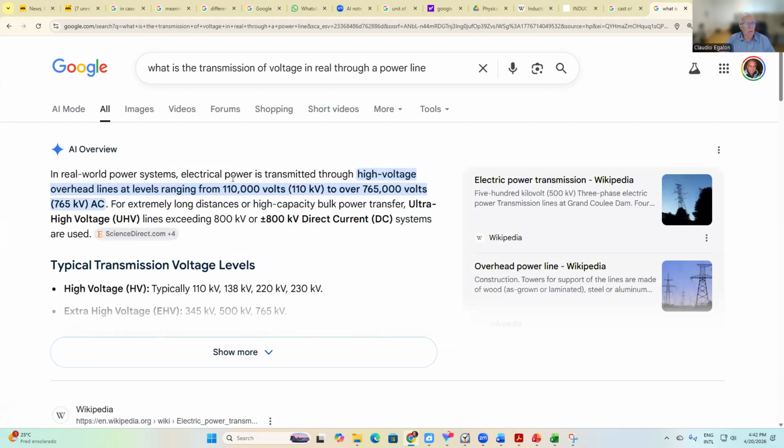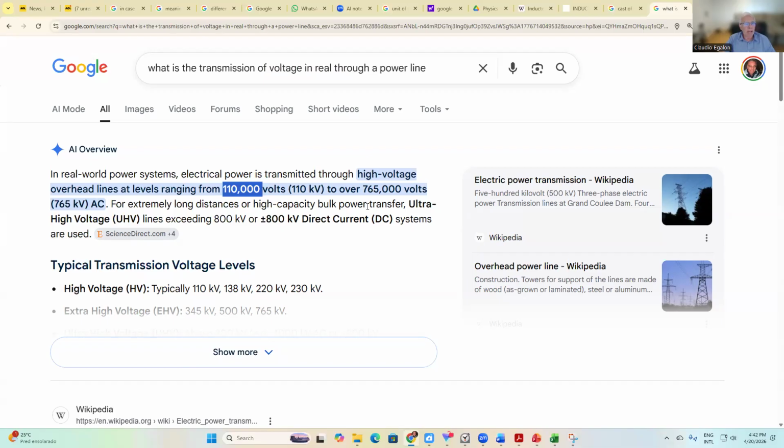In real world power systems, electrical power is transmitted through high voltage overhead lines at levels ranging from 110,000 volts. Think about that, having 110,000 volts at home. Nobody would survive, right? To over 765,000 volts. We don't have that high voltage at home. The voltage that we have at home is at most 220 volts.